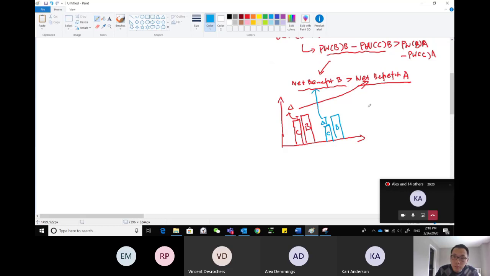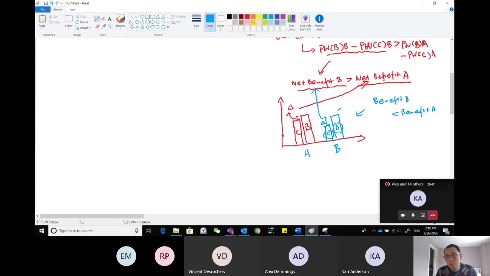Even though if you just see the benefits, B is less than the benefits of A, we still will choose the project B, right? The reason is the delta between the benefits and the cost for project B is bigger.